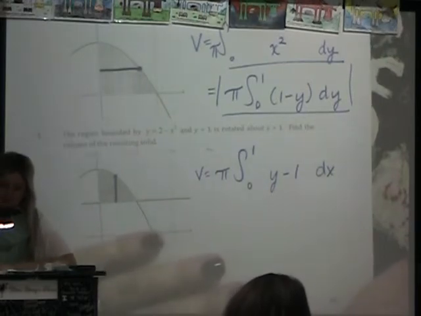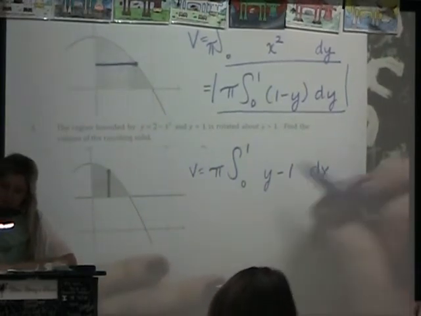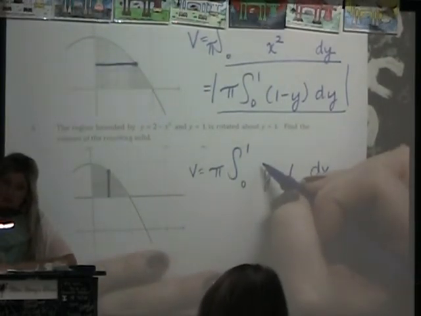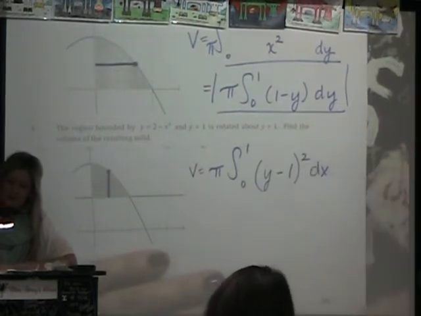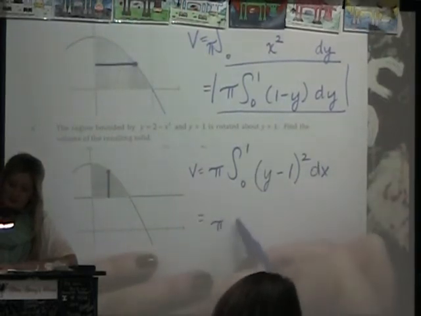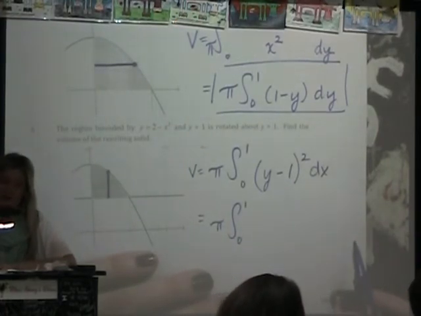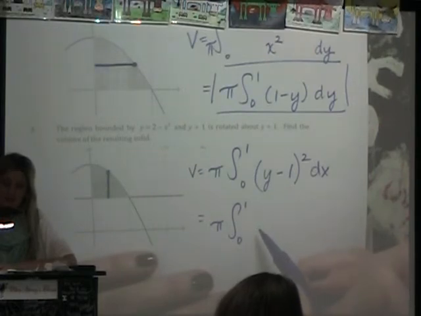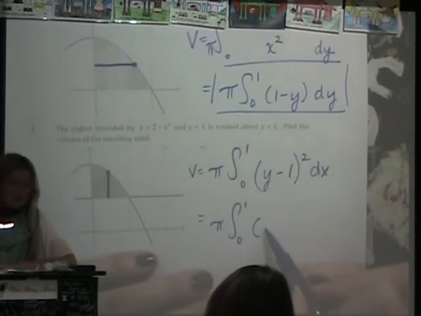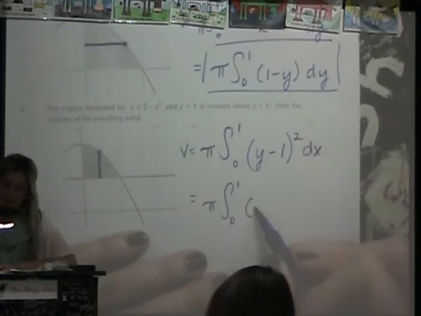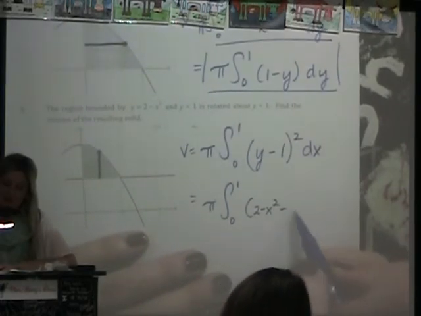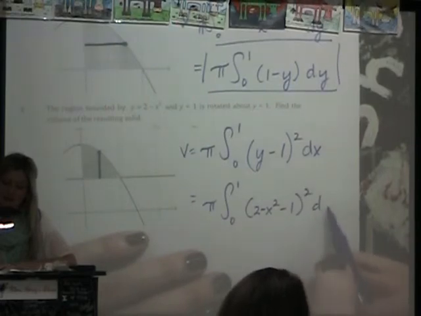And then what about square it? Gotta square it. And so now we've got to change our y in terms of x. So what's it gonna look like? So let me write it as 2 minus x squared minus 1 so I don't lose anybody.